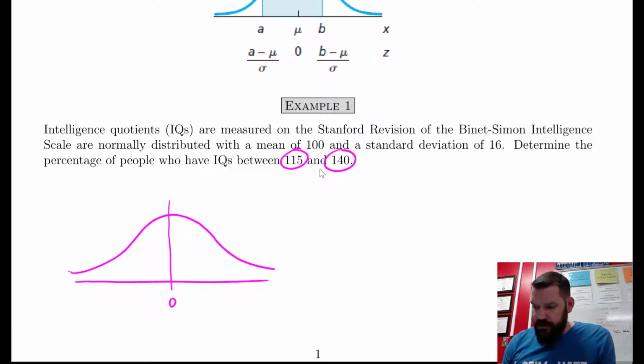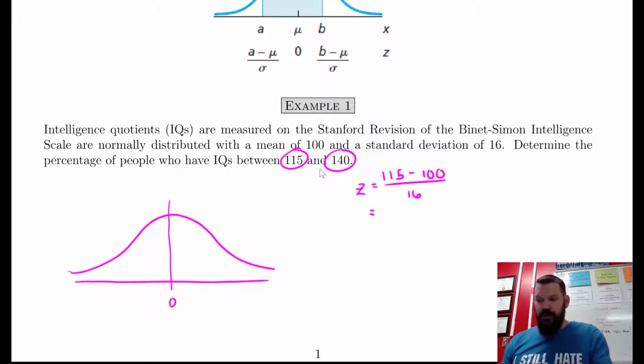So to calculate those z-scores, let's look at the z-score for 115. So we have 115 minus our mean, which is 100, divided by sigma, which is 16. And when we type that in on our calculator, we get 15 over 16. So as a decimal, it's going to be 0.94.